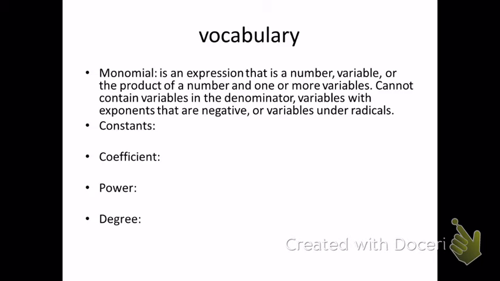Now we have some terms here. Constants are the numbers. So let me give you a polynomial like 4x squared plus 3x plus 2, for example. A constant means there's no variable associated with that monomial. So the constant in this case would be a 2.